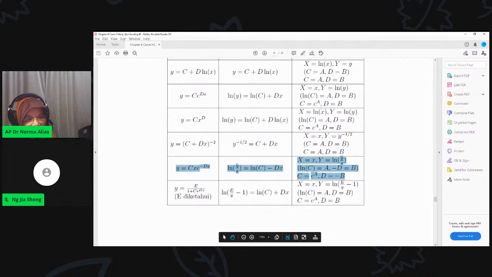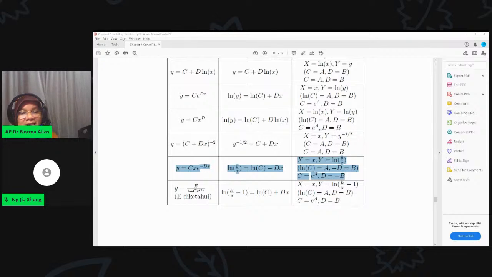Can you write how you can transform this equation to linear form? My question is how to transform it into linear form. All right, please do it.